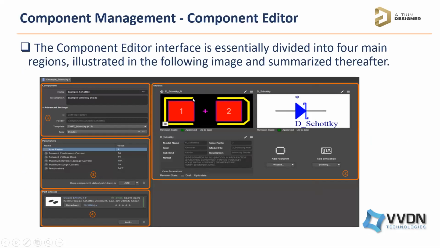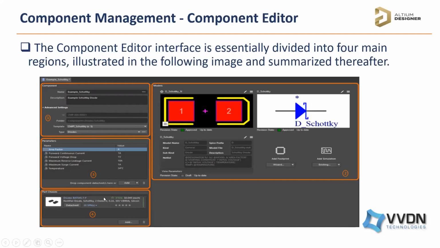Okay, so you can go to file, new component, then you can create your own component, and the component editor page will open within a single window. And there you can mention component name, we can provide description, advanced settings like template or type we can mention, then parameters also we can mention, and we can add your custom parameters also.